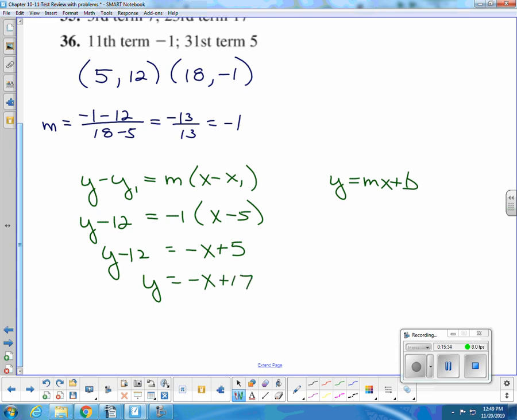That's my linear equation. So if I want to write it as a sequence, now it's a sequence. It's much easier than doing it with the systems.